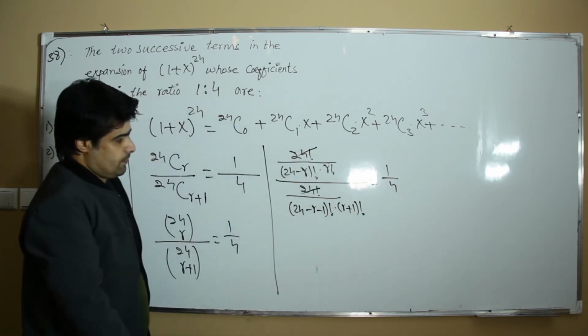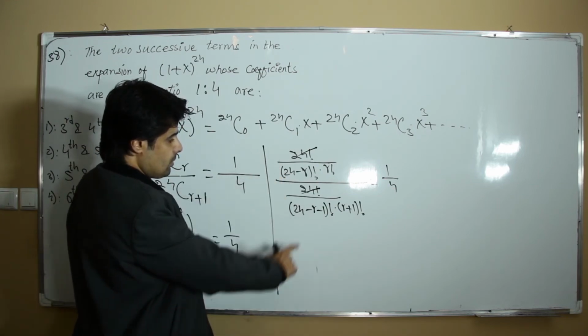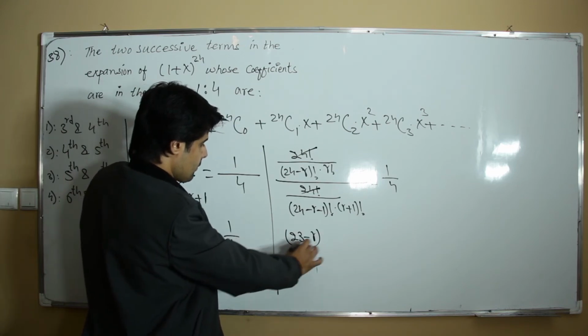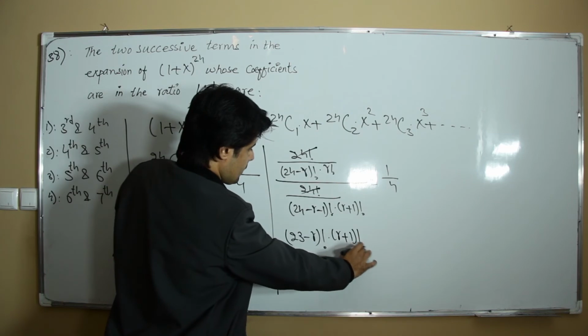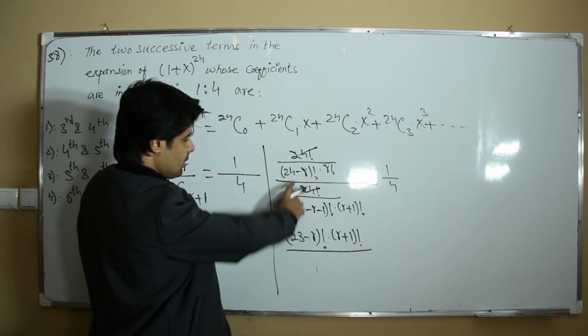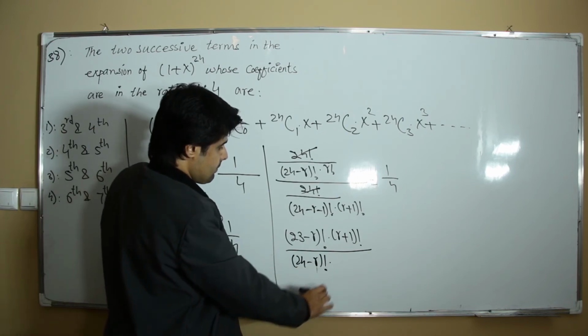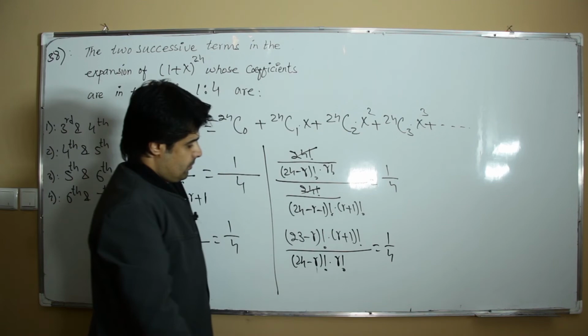This 24 factorial is cancelled. Am I right? Now put this one in numerator: (23 minus r) factorial times (r plus 1) factorial divided by (24 minus r) factorial times r factorial is equal to 1 divided by 4.